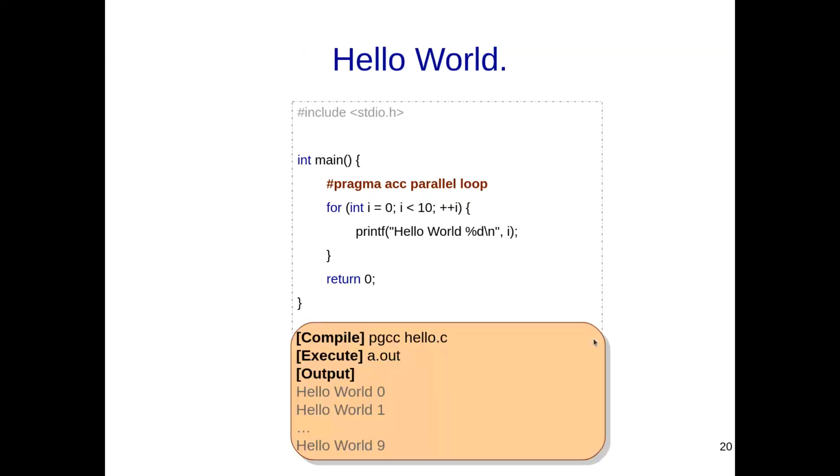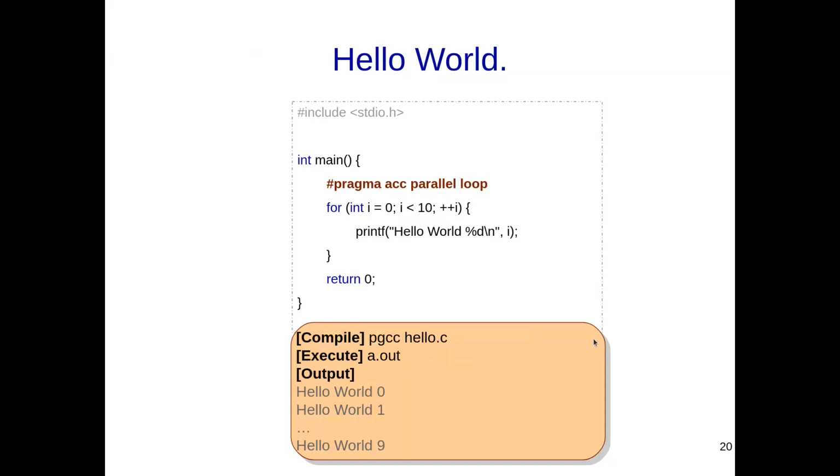So the way I'm going to compile it is not using GCC, but with a different compiler called PGCC, which comes when you install the NVIDIA HPC toolkit. Let's say that that is in the path, and I'm going to store this file as hello.c, and I'm going to say pgcc hello.c. Very similar to what we compiled with gcc filename.c, right?